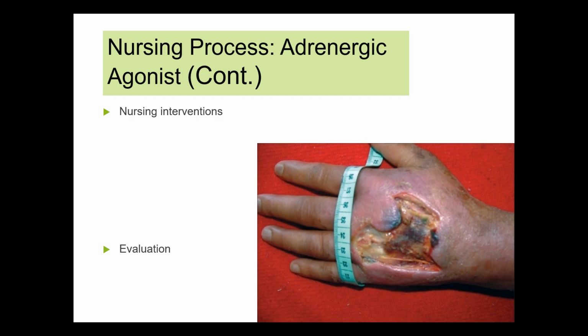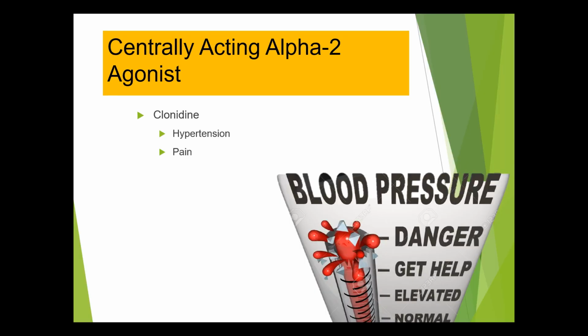It rarely ever happens, but anyways, just so you understand what some of the complications of that can be, that would possibly be a nursing diagnosis and an intervention evaluation. But think about what these agonists are doing in your body, and that will help you come up with a nursing diagnosis as well as teaching the patient.